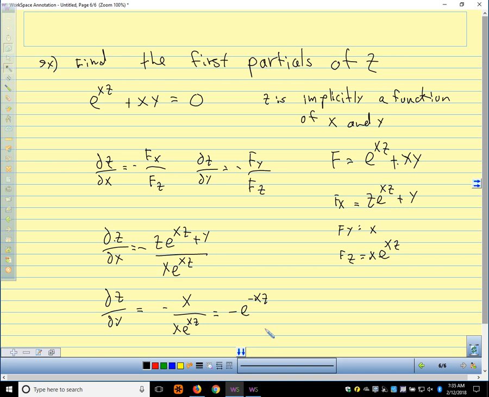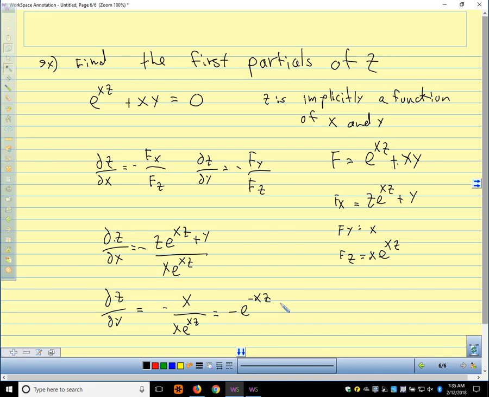And there we have our partial derivatives. You would get the same result if you solved for z in terms of x and y and then did your implicit differentiation with a lot more work. All right, questions?